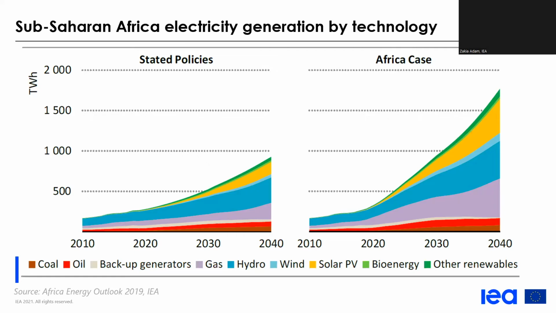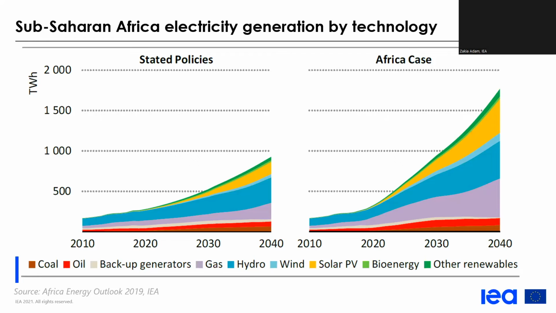So if we look ahead to 2040, the first thing that we can see is a strong rise in the electricity generated. But we have substantial differences between the stated policy scenario and the Africa case. In the Africa case, we have an even stronger growth in the electricity generation as a whole, but especially if we look at the technologies, like the sources, we see that gas as a base load source will be a major player.